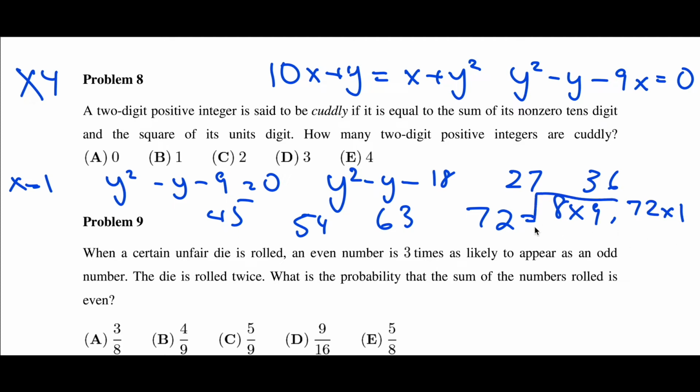But 8 times 9 is the one with two factors of 72 that have a difference of 1. So 89 is the only possible one. If you tried 9, it wouldn't work because 81 is only 9 and 9, 27 and 3, 81 and 1. So that wouldn't work either. So the only possible answer is 89. So there's only one 2-digit positive integer that is cuddly. So the answer would be B.